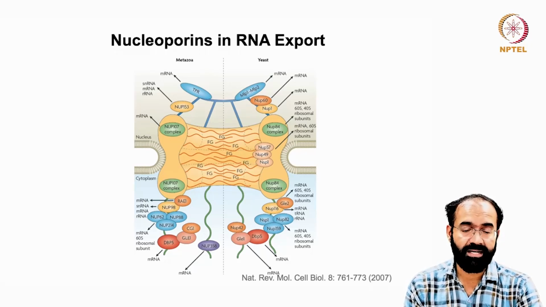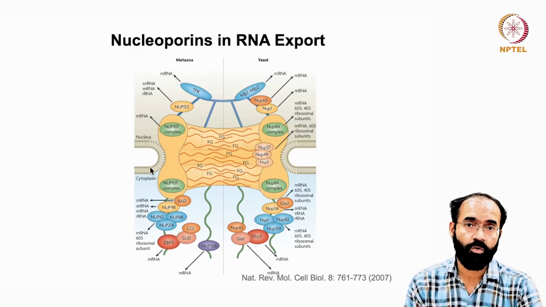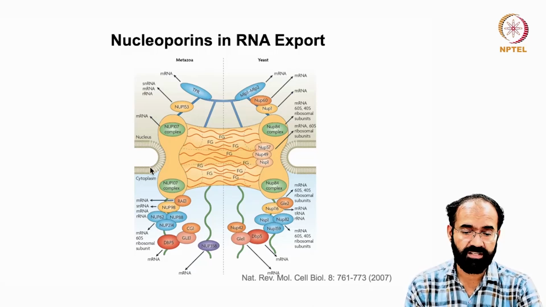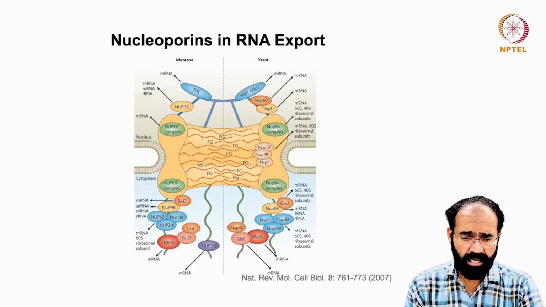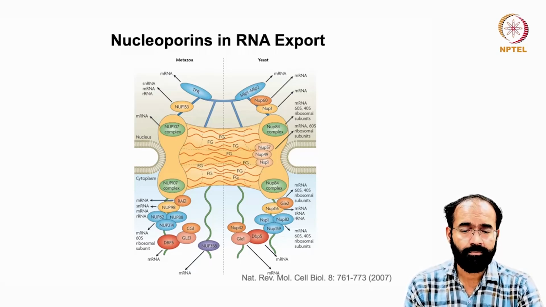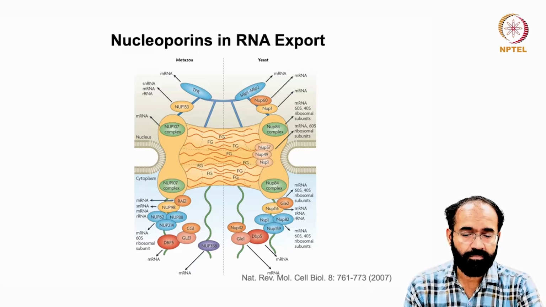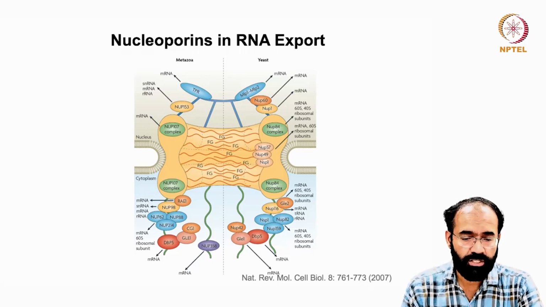The nuclear membrane is a two-wall structure, and remember it is a three-dimensional structure. What you are seeing is a cross section; it is like a pipe, just like a cylinder. Now you have some proteins hanging into the cytoplasm and some factors hanging into the nucleus.